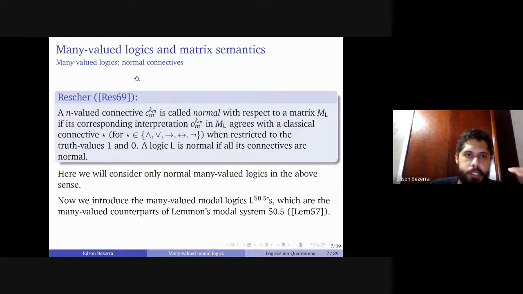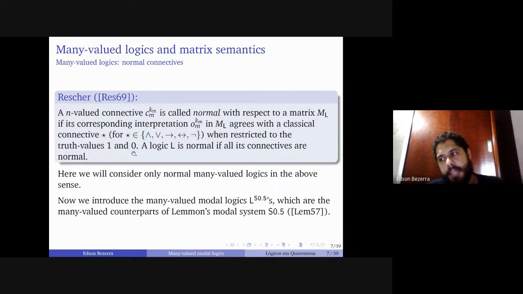This definition appears in Nicholas Rescher's book on many-valued logics, from 1969. A many valued connective C is called normal with respect to the matrix M if its corresponding interpretation, the operation O in the matrix, agrees with classical logic when we have the classical truth values. So if we erase all the intermediate values, we obtain classical propositional logic. So a logic L is normal if the connectives are normal.